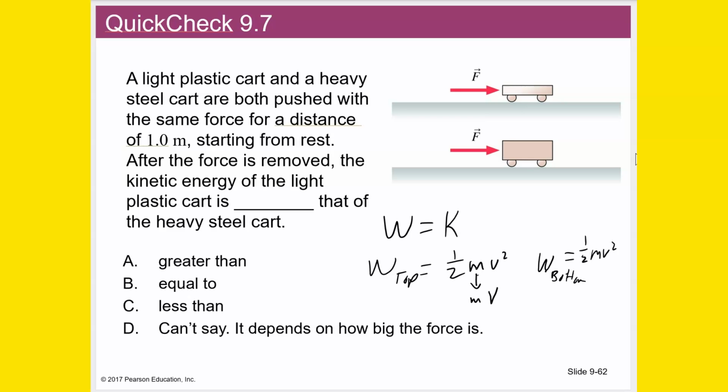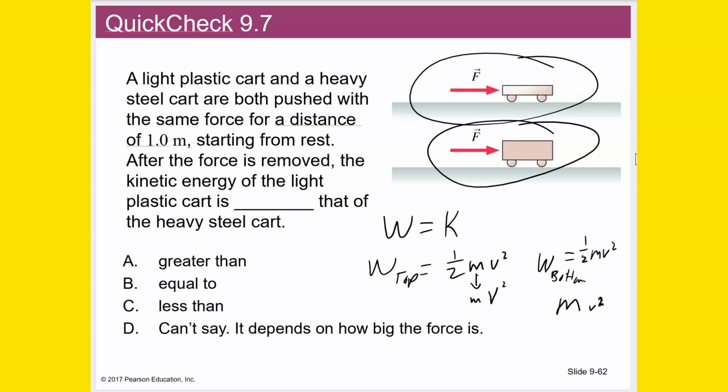Therefore, it's got to be a bigger v squared to make up for that difference. Here, it's a bigger m, so it's got to be a smaller v squared to make up for that difference. So this one is going to have a greater velocity than this one when the same amount of work is done on both of them, and that makes sense because if you do the same amount of work on something of less mass, it's going to do more to it. It's going to give it greater velocity.